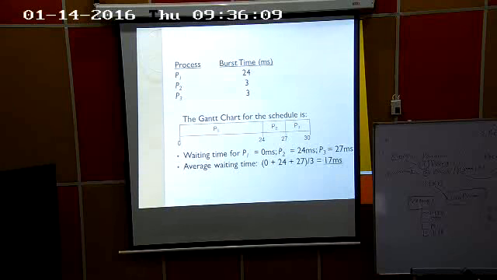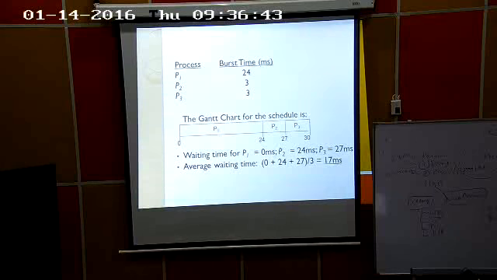P1 will run first after everything is ready. P1 will go to the next stage, run. Complete. Remember it is non-preemptive. From 0, complete at 24. So P1 0 until 24. Why 24? Because the burst time is 24 milliseconds.